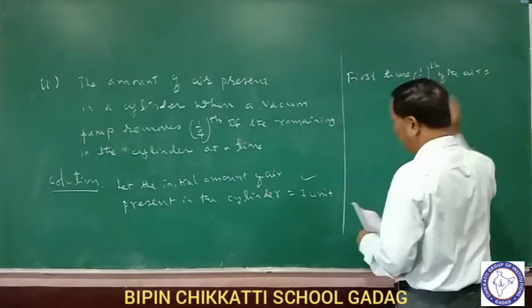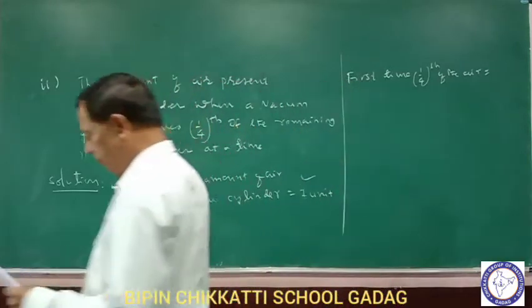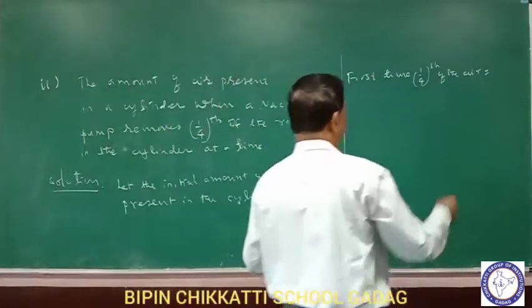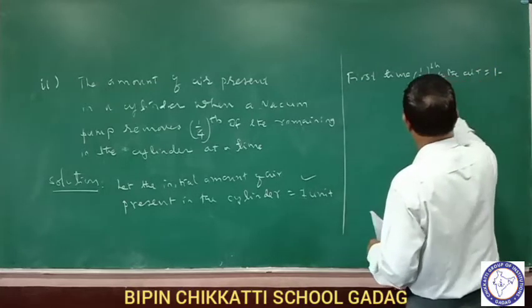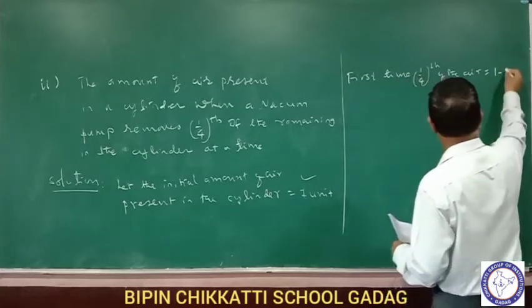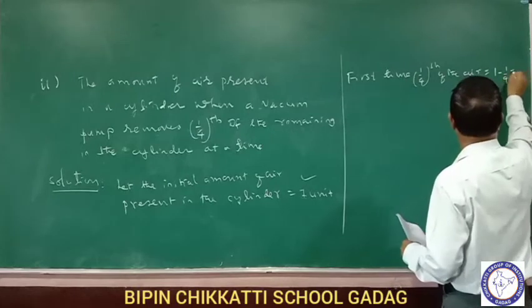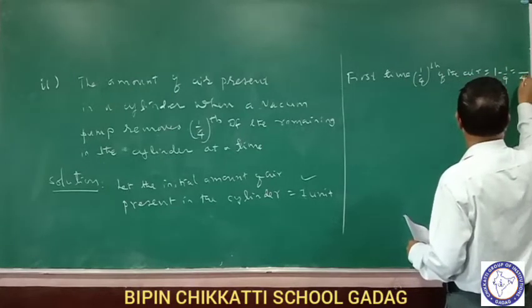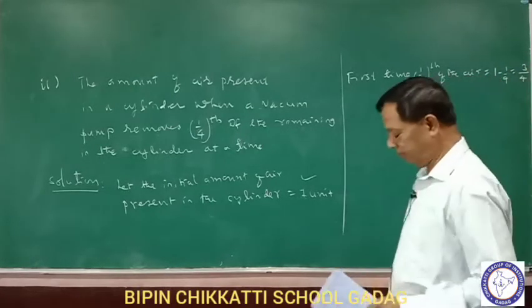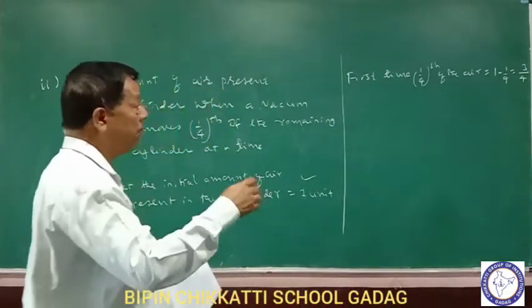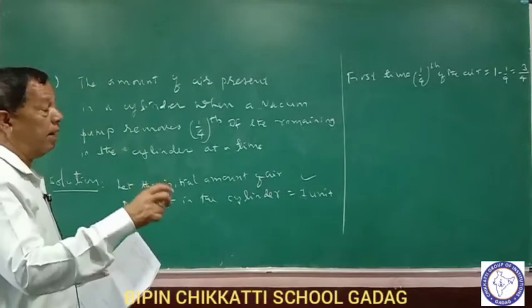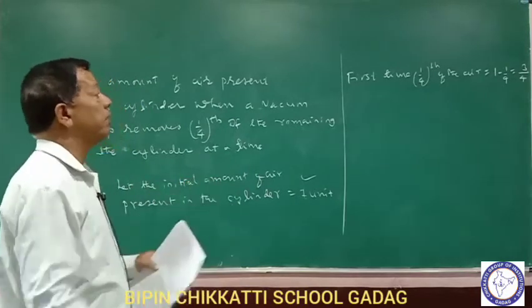What is the air there? 1 unit. And the 1/4 of 1 is 1/4 only. Taking the LCM as 4, you get 3/4. First time, that amount, 3/4 of air, is remaining there.